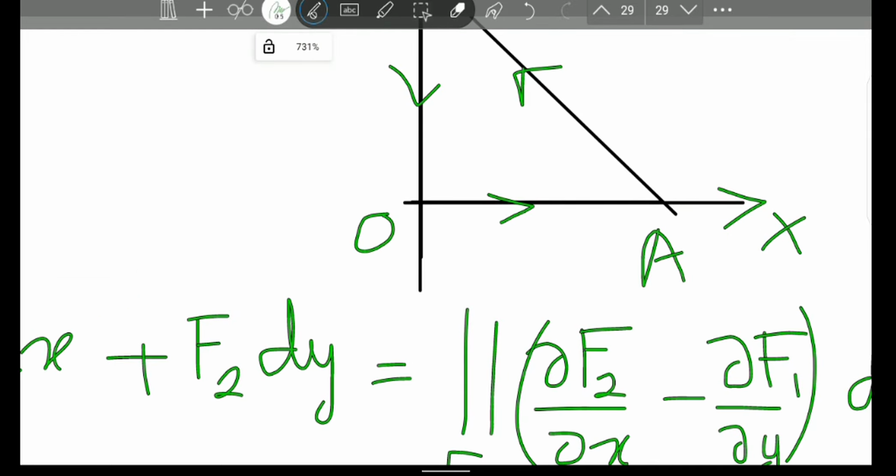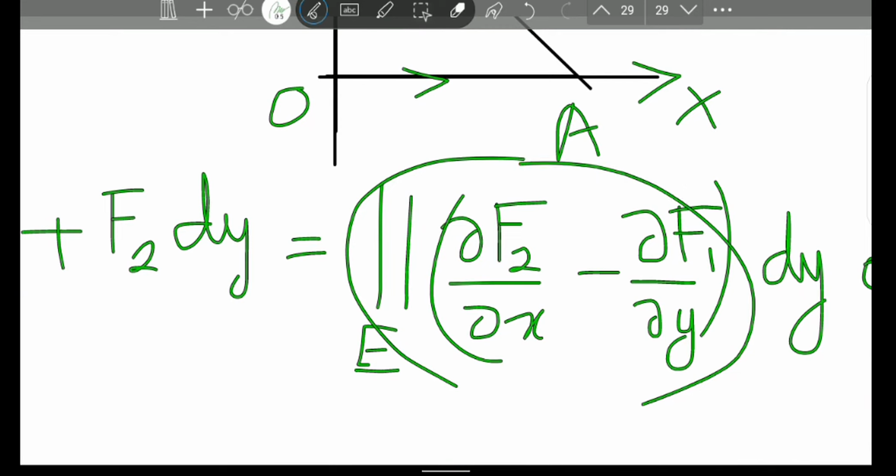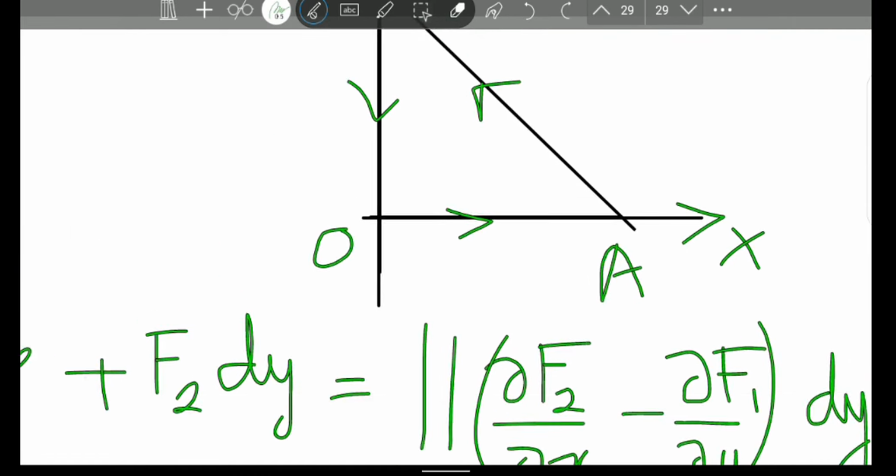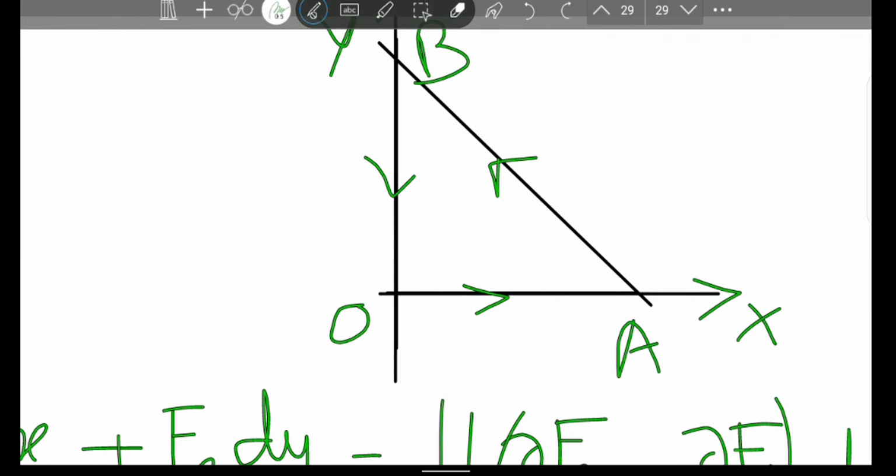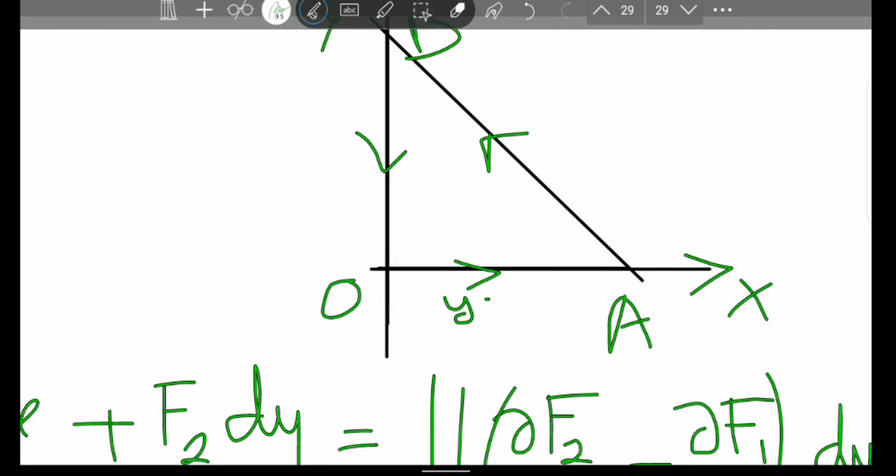So that means we will evaluate the right hand side, that is this integral over the region. We are given a triangular region, so we want to integrate over this region. You see that we can exactly cover this region if we change y from y equal to 0 to y equal to 1 minus x.